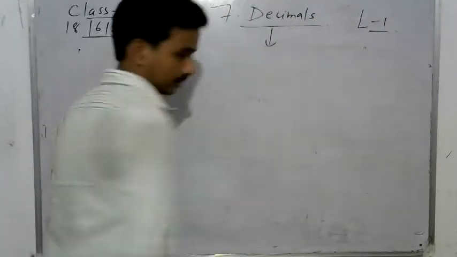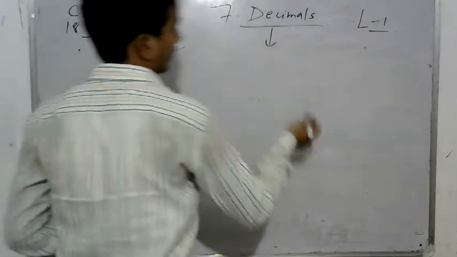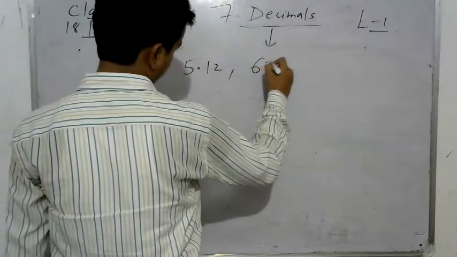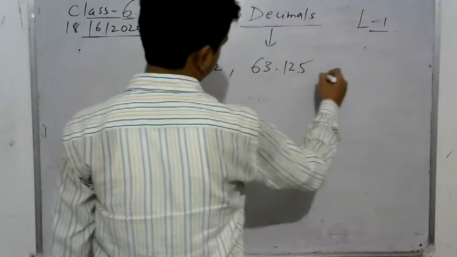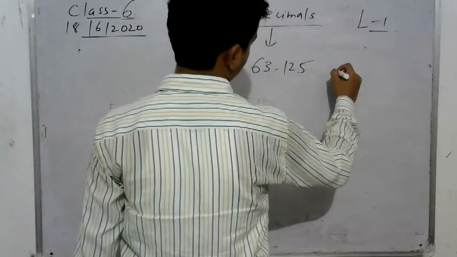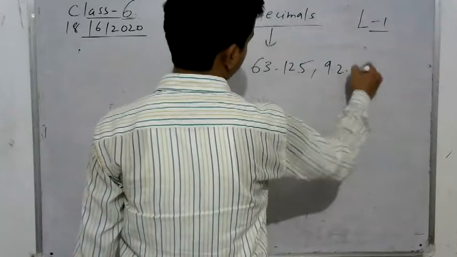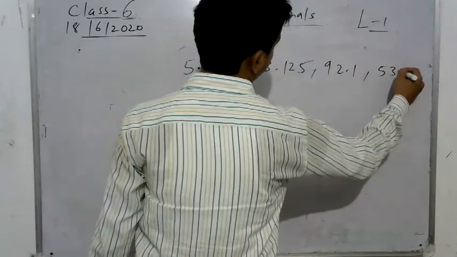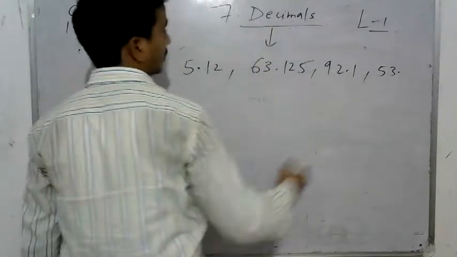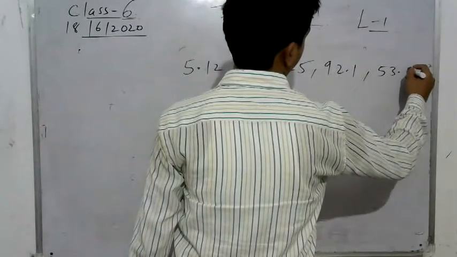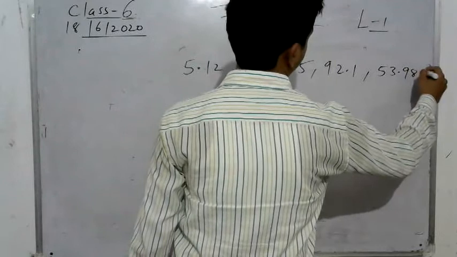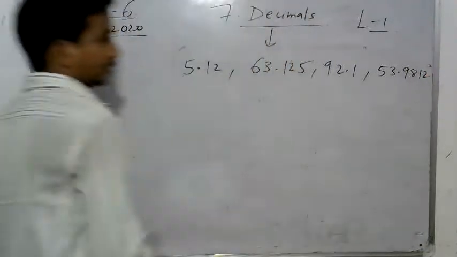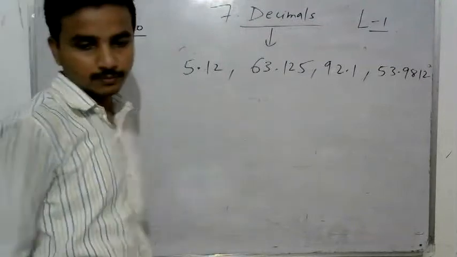Now, how do we make unlike decimals into like decimals? Suppose 5.12, 63.125, 92.1, and 53.9812. So here there are 4 decimal numbers.